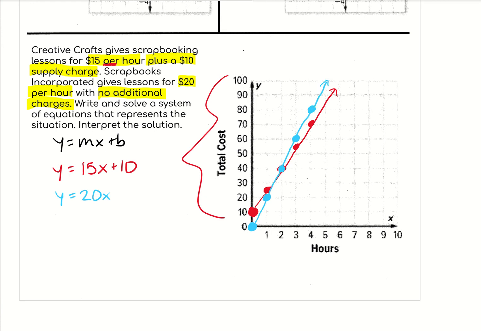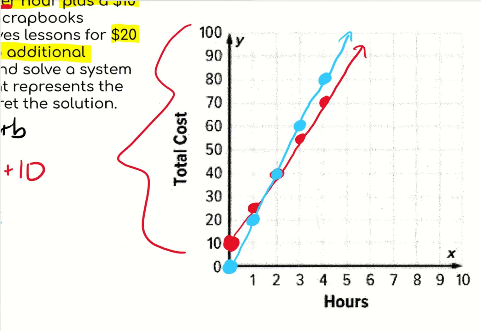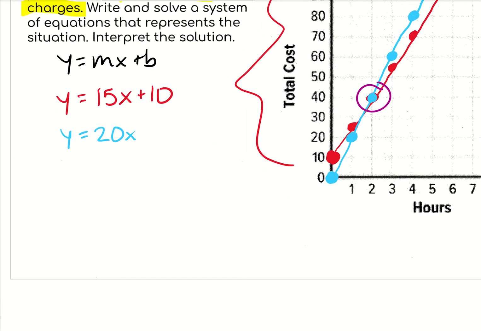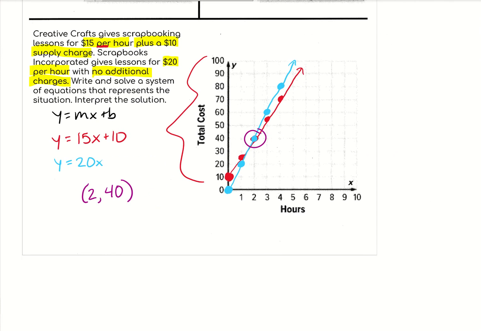Okay, and now we are looking, it says write and solve a system of equations that represents the situation. We did that, okay, and then interpret the solution. Well, in order to do that, we want to look at where they are the same. That's going to be this point right here at (2, 40). So our ordered pair is going to be (2, 40). And then it says interpret.